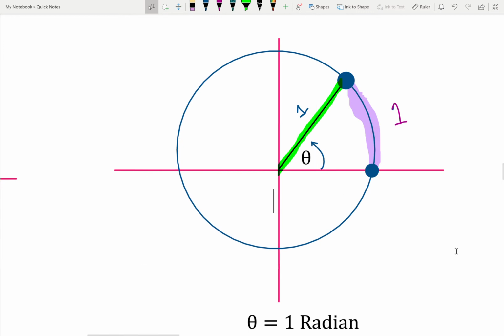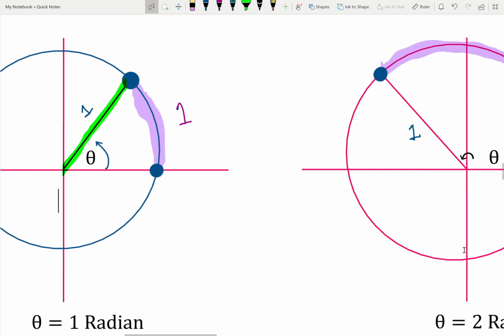So that's how we define 1 radian. 1 radian is the angle measure when the path walked around the circumference of the circle, the purple line, is equal to the length of the radius, the green line.